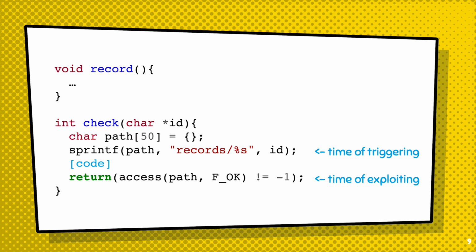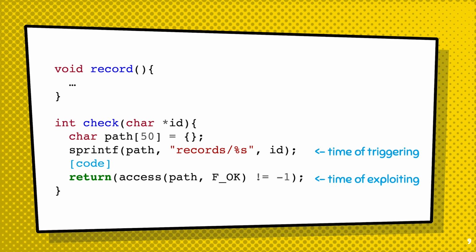In fact, if you look at the vulnerable code, we will notice that there are two different milestones along with the exploit. The first one is what we call the time of triggering. That is the moment that the attack input is copied into the buffer and the return address gets overwritten.